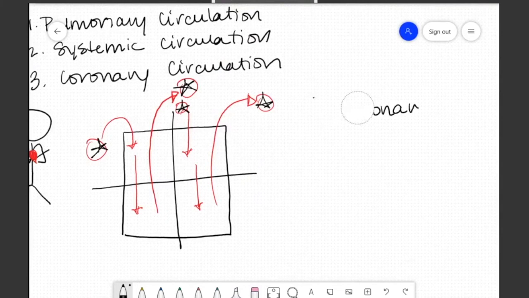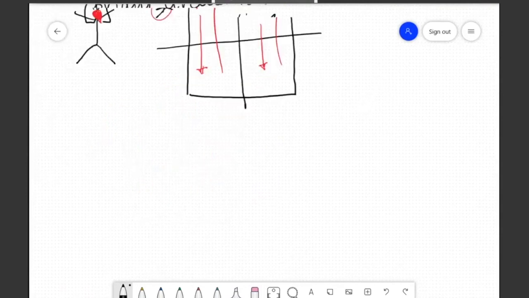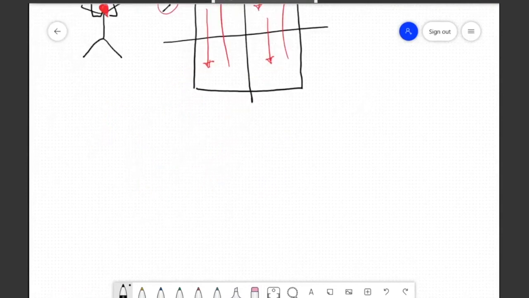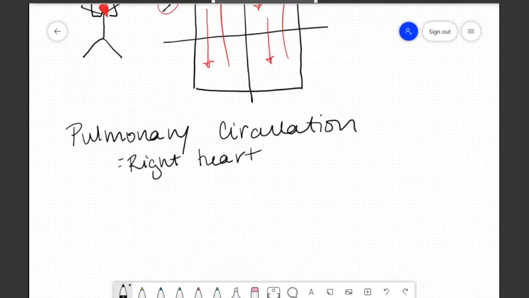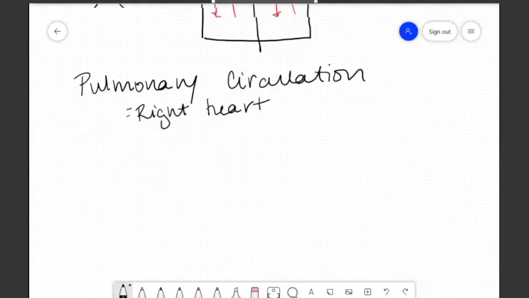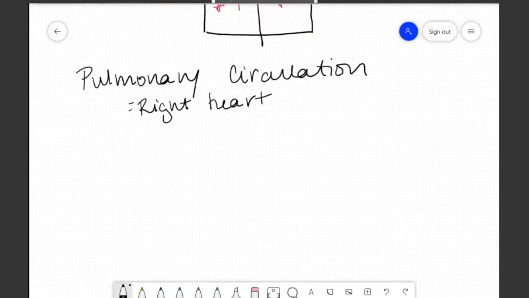Actually, just to make it easier, we're just going to keep going down the list. Almost done, y'all. Pulmonary circulation. This is going to be considered a right heart function. Pulmonary circulation is something that happens in the right heart.